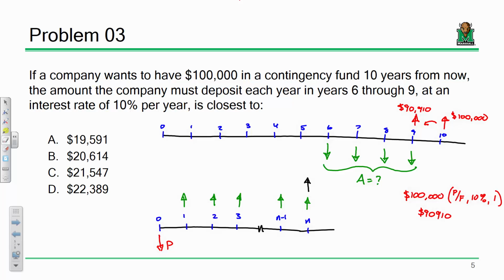Okay. Now I can compare apples to apples, okay? Because I've got an annual deposit over a period of 4 years, and I have a future value of 90,910. Now it's pretty basic.